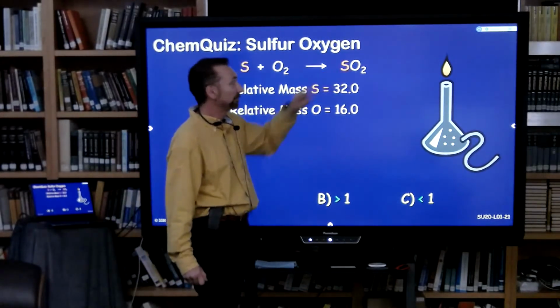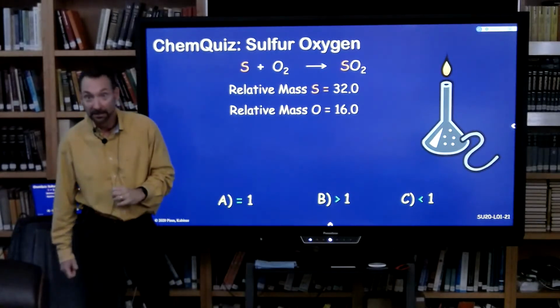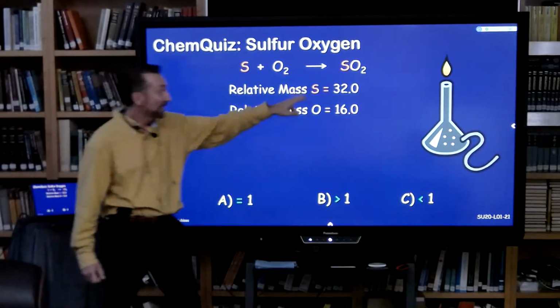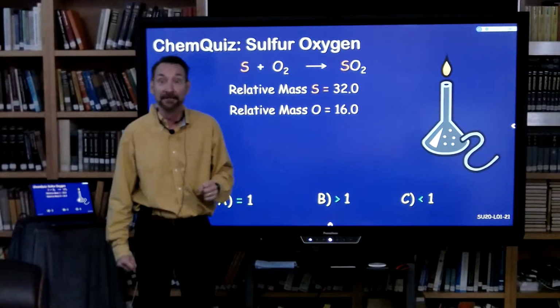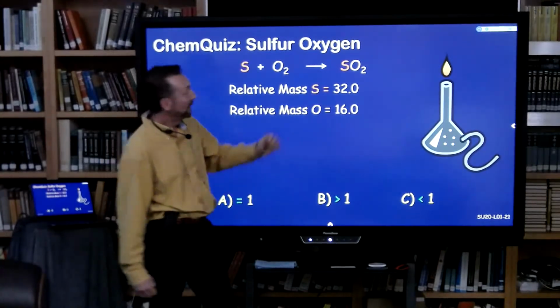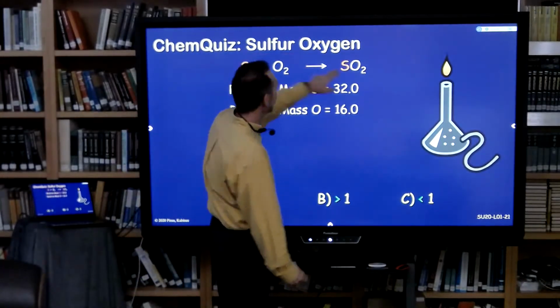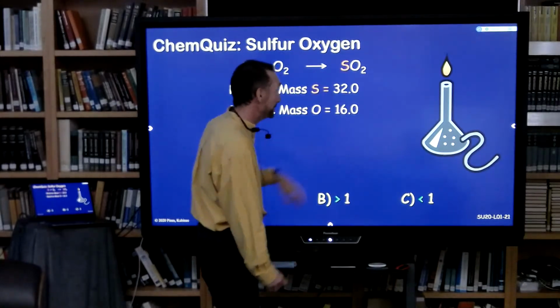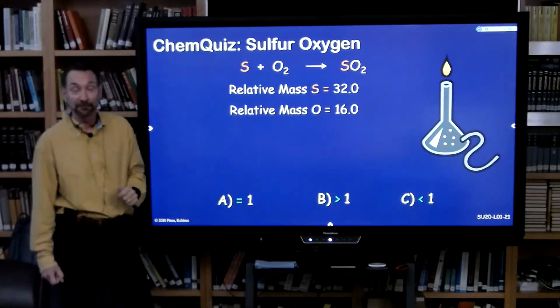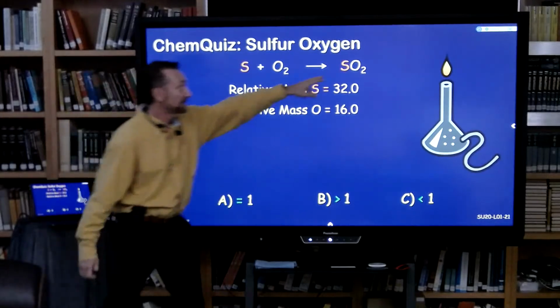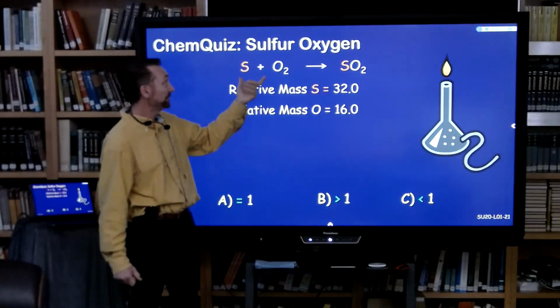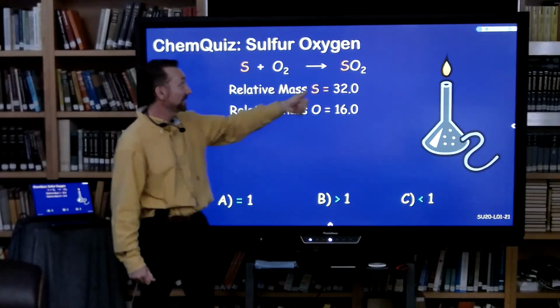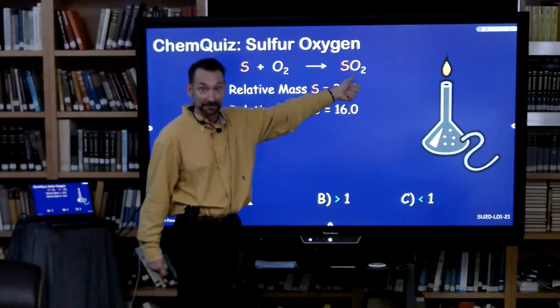That's 32 plus 32, or 64. So that's twice this. It'll give you 2 grams of sulfur dioxide. And you didn't even have to know that, because if you started out with a gram of this and a gram of this, mass is conserved.